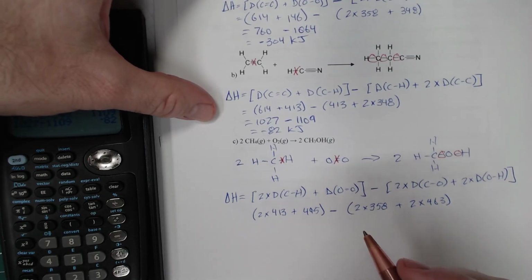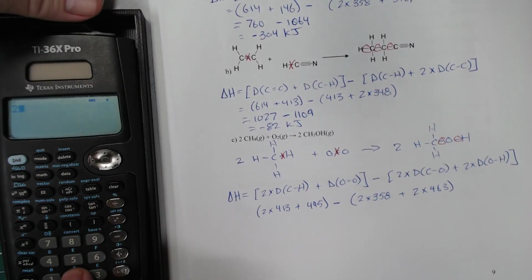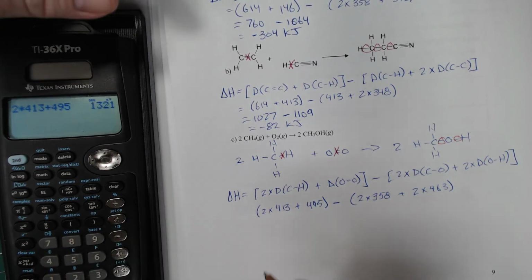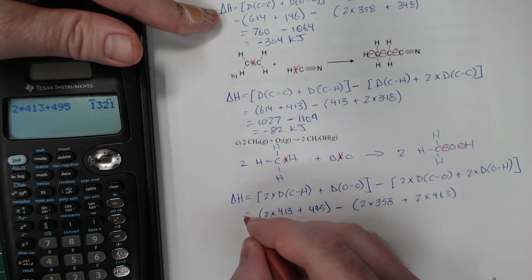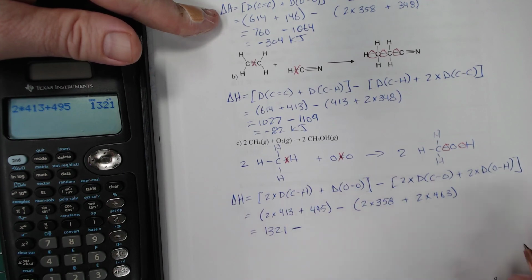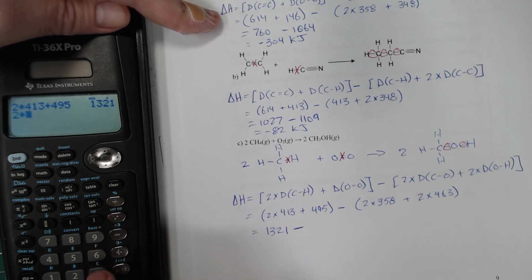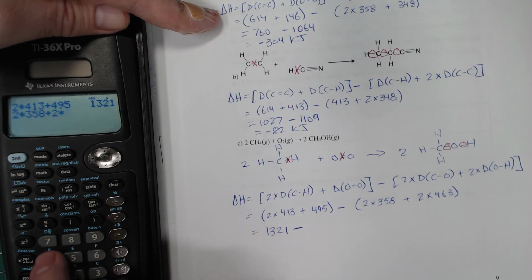Okay, so let's do these subtotals. So 2 times 413 plus 495, and that gives us 1321. And then we'll do 2 times 358 plus 2 times 463.